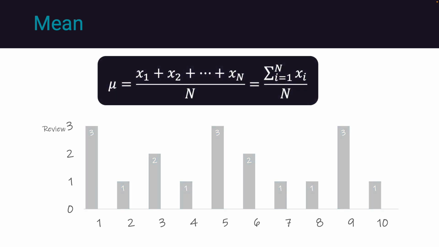To find the representative number, we calculate the mean using the formula, where mu is the average, and it's the sum of all values divided by the total number of data points or customers, represented by the letter n. Towards the right side, we represent this using the sigma, which indicates a summation.